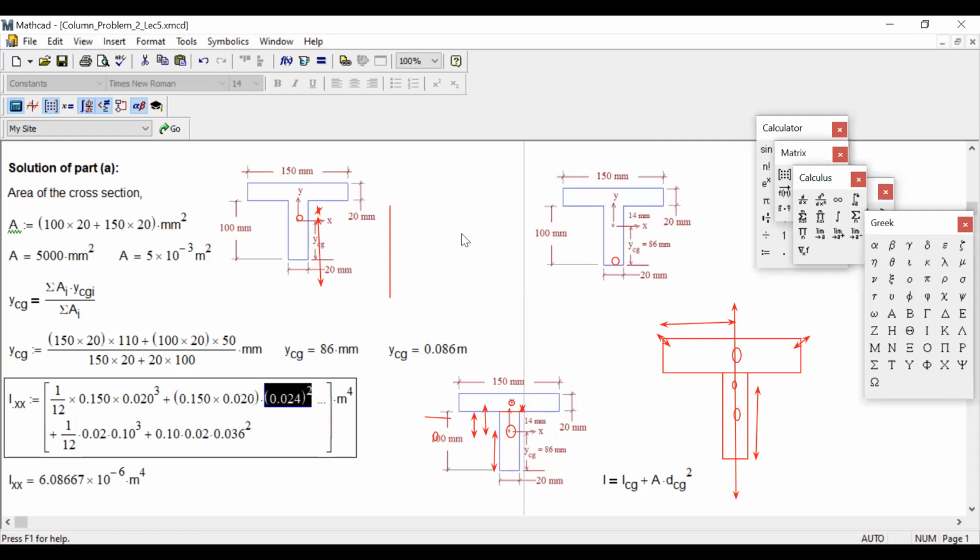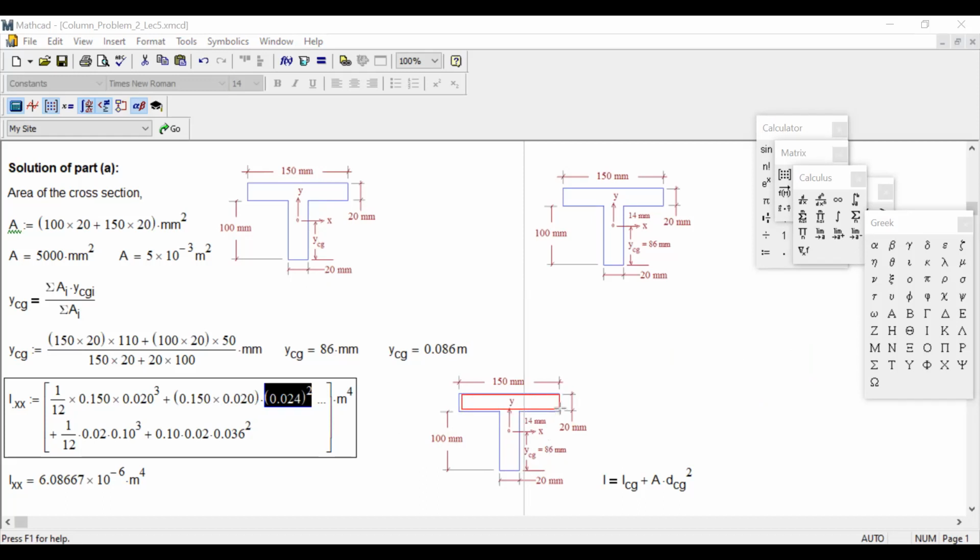So this area, we are taking only the upper portion, right? Only this area we already got. Now we need to figure out the bottom area. So bottom area again 1 by 12 BH cube. So 1 by 12, right over here 1 by 12. Over here it will be a cross sign.